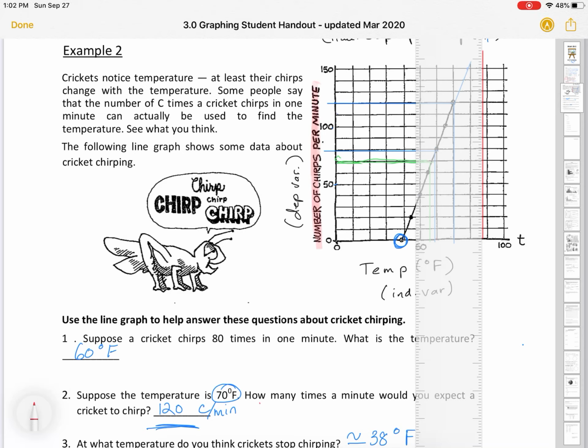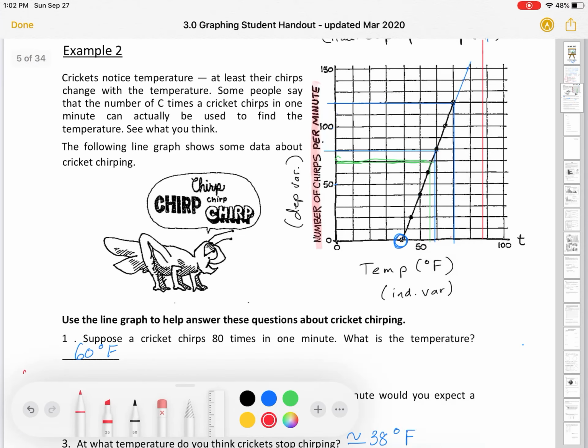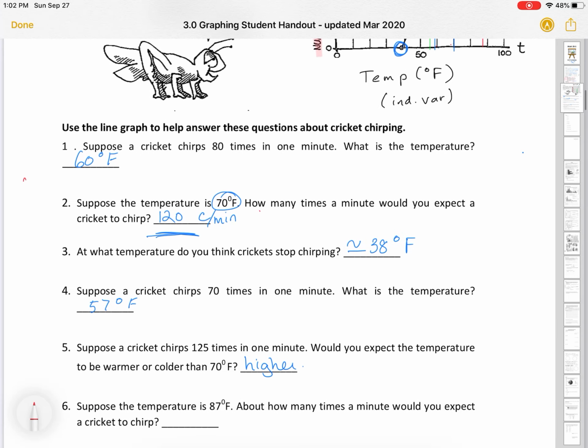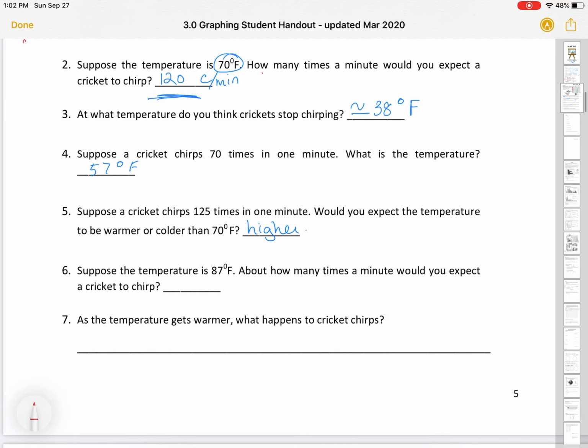We could guesstimate, we could extrapolate further, and I think it's definitely going to be more, maybe 165 chirps per minute. That's a guesstimation because our graph cuts off. There's other ways to find it, but based on that graph, we don't have the information.